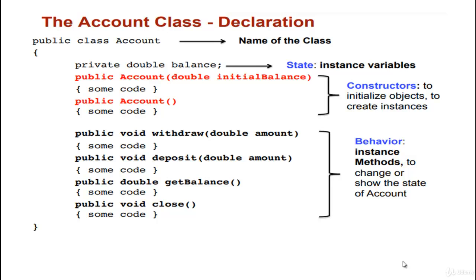We'll be looking into the topic of constructors in a detailed manner in a future session. And next we have behavior, the instance methods to change or show the state of an account. So we have the behavior: withdraw, deposit, get balance, and close.